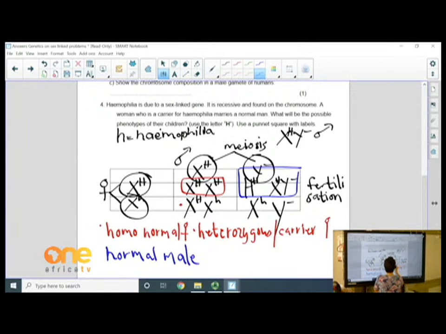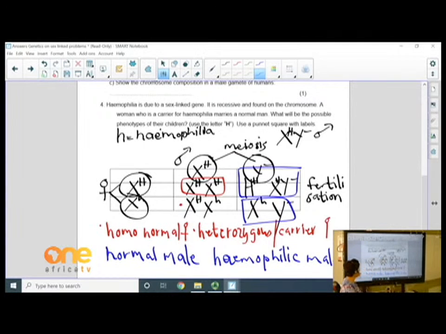And this male will be a hemophilic male. Okay, I hope that you now with sex linkage see not only who's got the disease and who does not. We also see male and female in this answer.